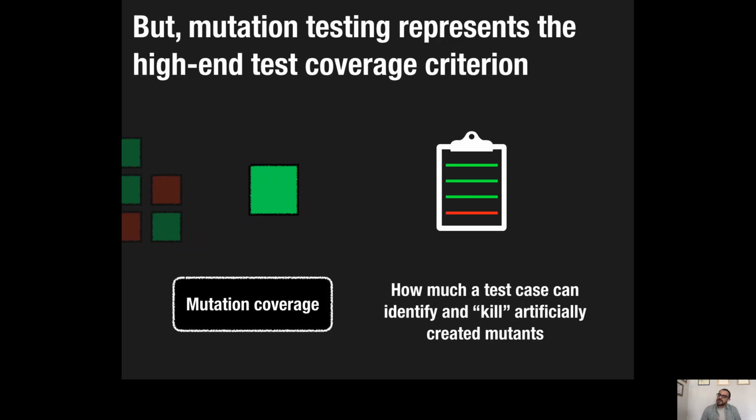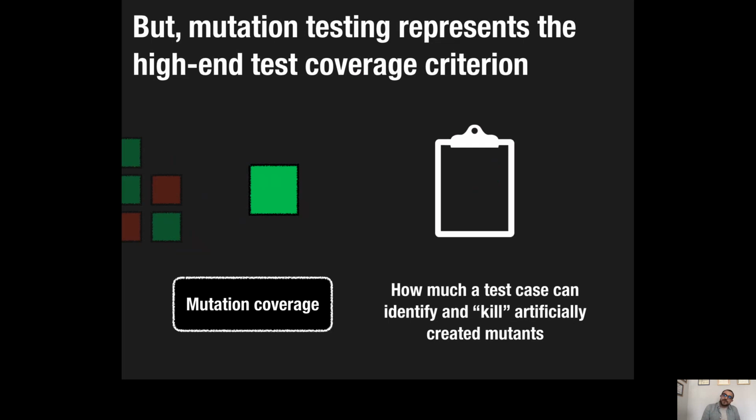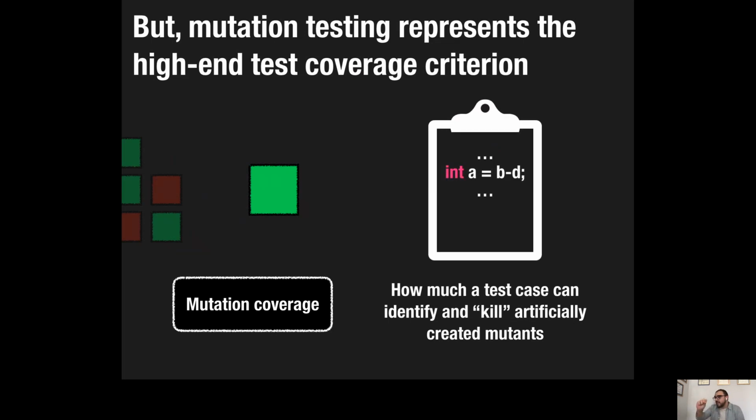Mutation coverage measures how many artificially created defects are detected by a test case. What does it mean? Suppose that you have this piece of code, and suppose that you have this line: int a = b - d.